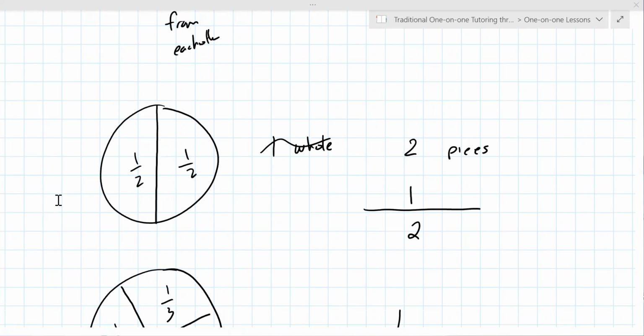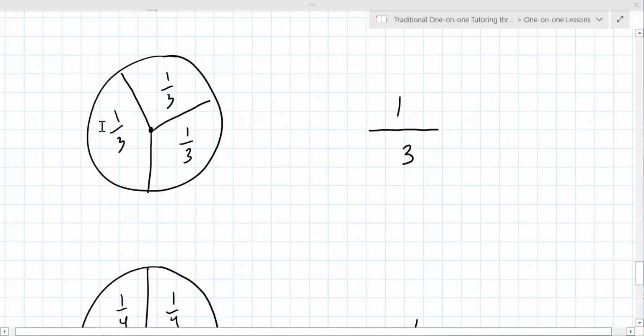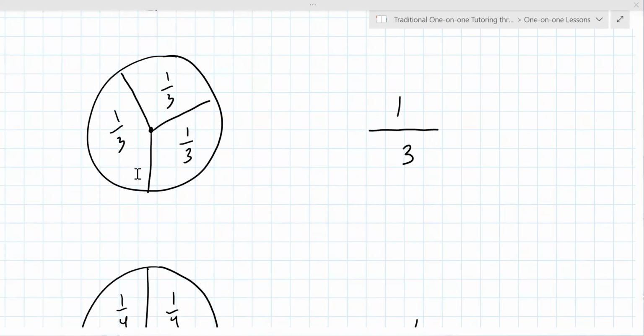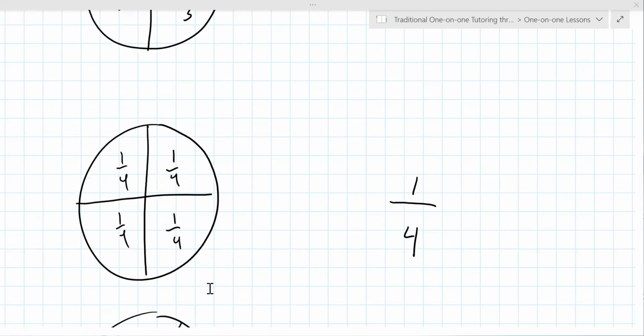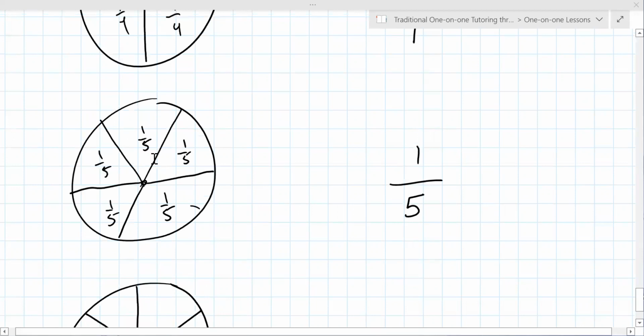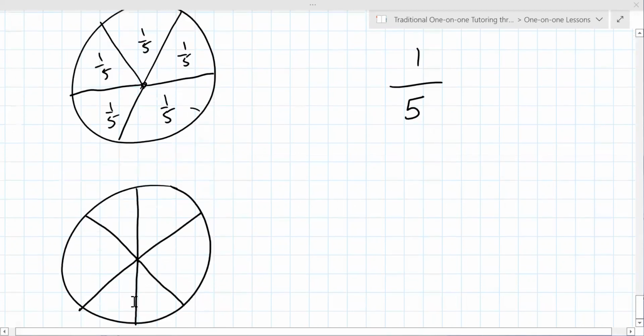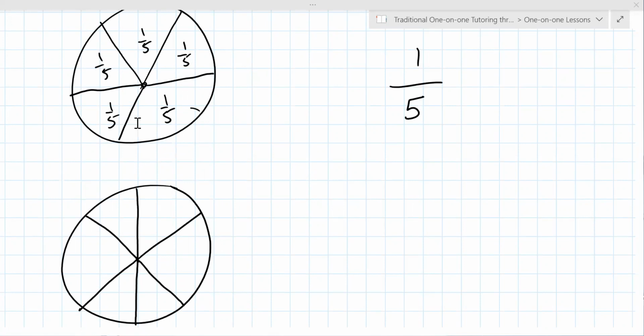And then how many slices were here? 3. So we wrote 1/3. How many slices were here? 4. So what did we write in each of them? 1/4. Okay. How about this one? 1/5. Okay. So how many slices do you see here? 6. So what goes into each slice? What fraction? 1/6. Very good.